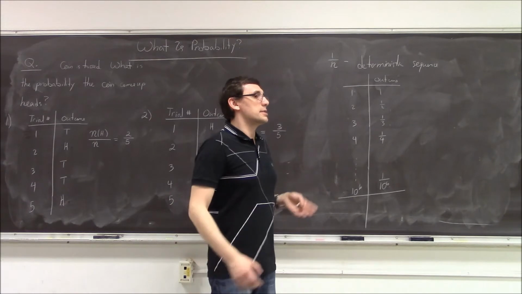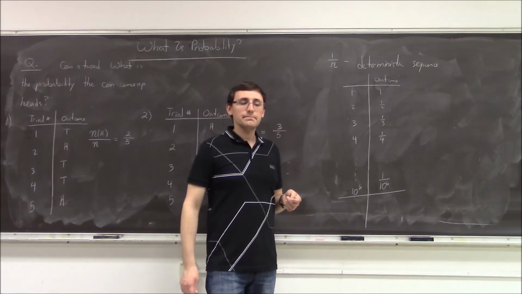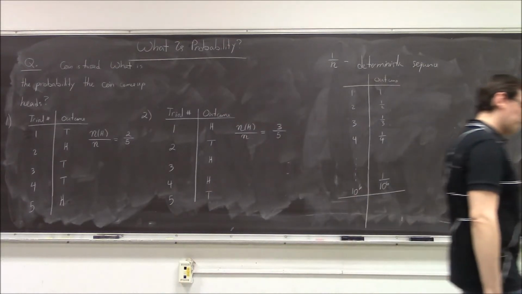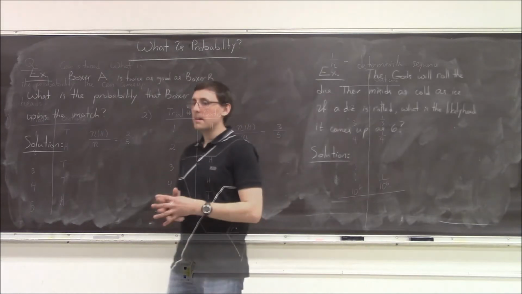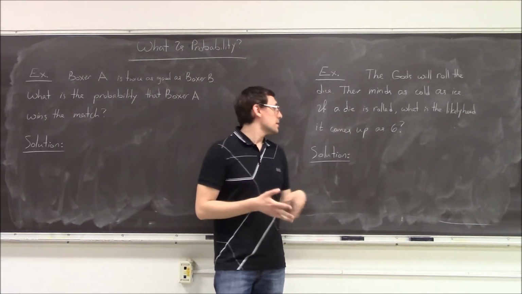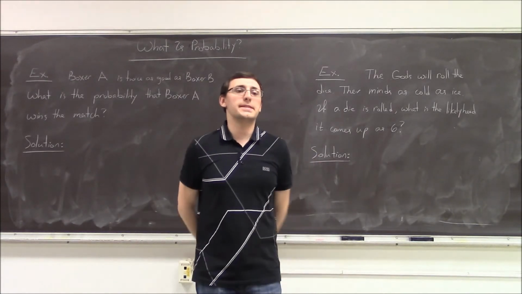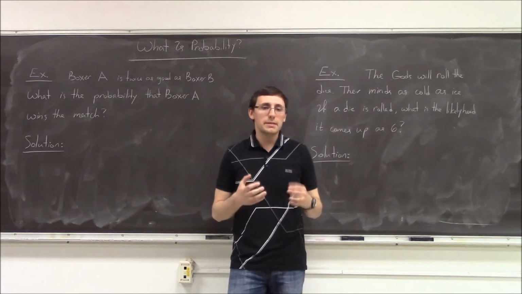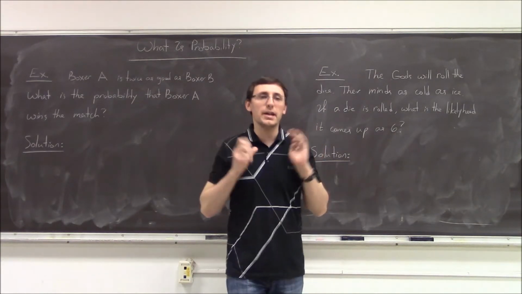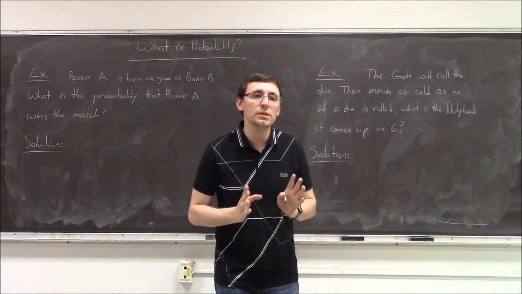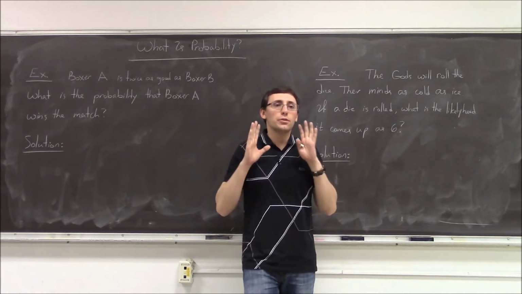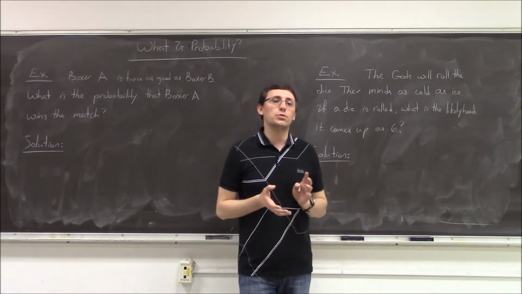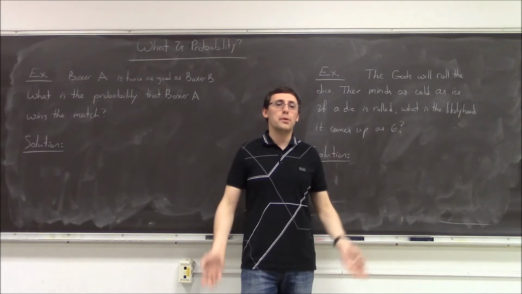How many trials is enough? Whereas the limit of a non-deterministic sequence might seem like something metaphysical, something very hazy and not reliable, it is nonetheless through this idea that I want you to try to imagine what probability is.